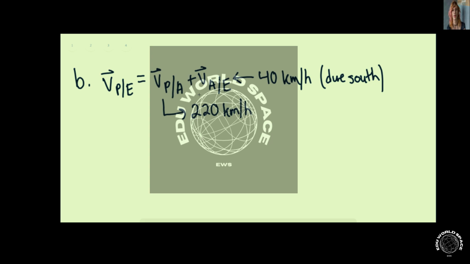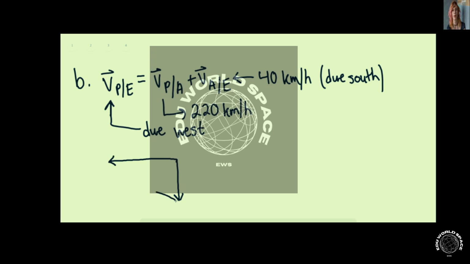So these vectors have different values than in part A. The direction of the velocity of the plane relative to the Earth is due west, but we don't know its magnitude. So here we can create a little diagram. Actually, let's go down first.